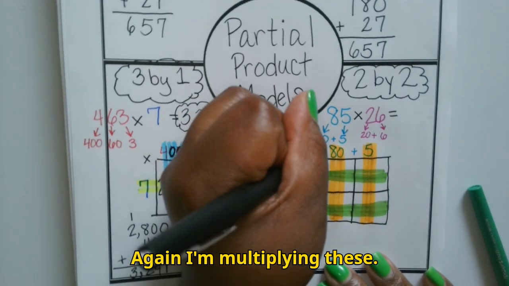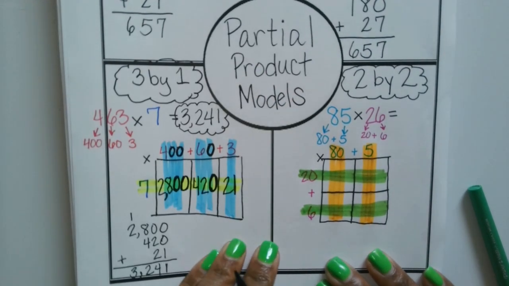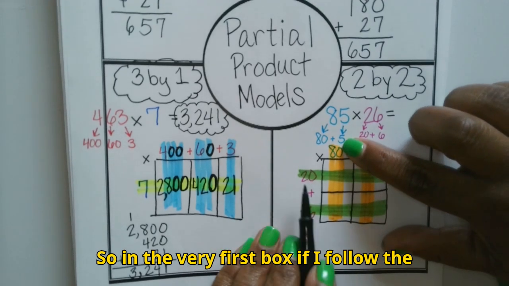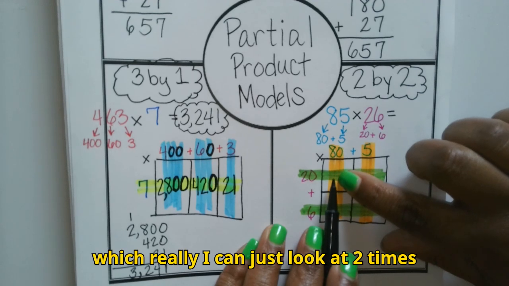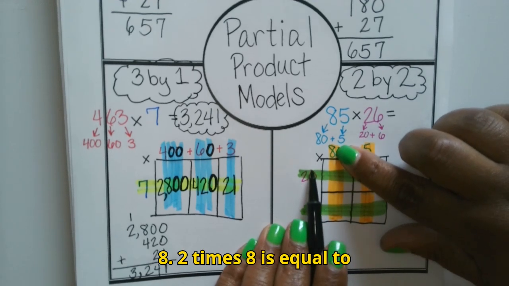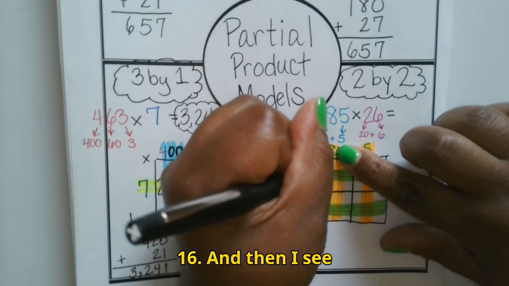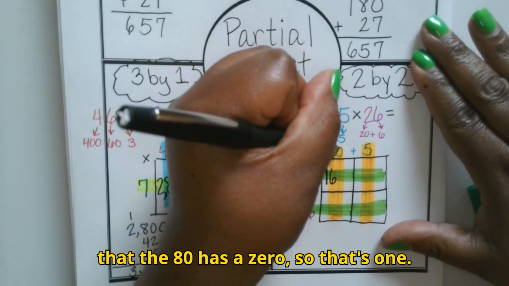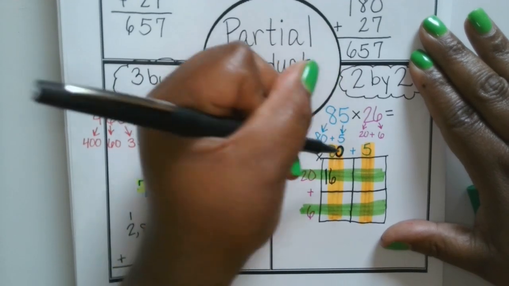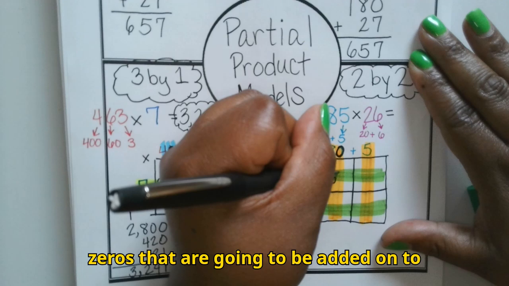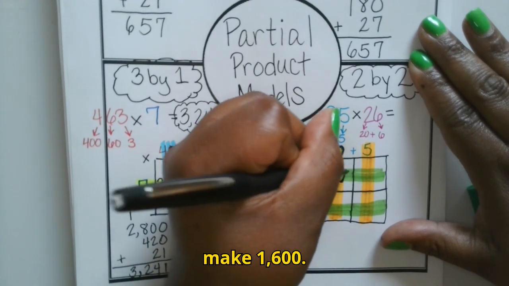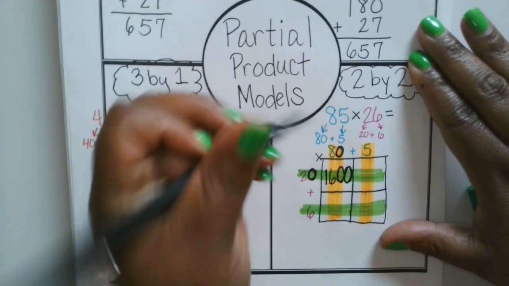So again, I'm multiplying these. So in the very first box, if I follow the highlighting, that's 20 times 80, which really I can just look at 2 times 8. 2 times 8 is equal to 16. And then I see that the 80 has a 0, so that's 1. 20 has a 0 as well, so that's 2 zeros that are going to be added on to make 1,600.